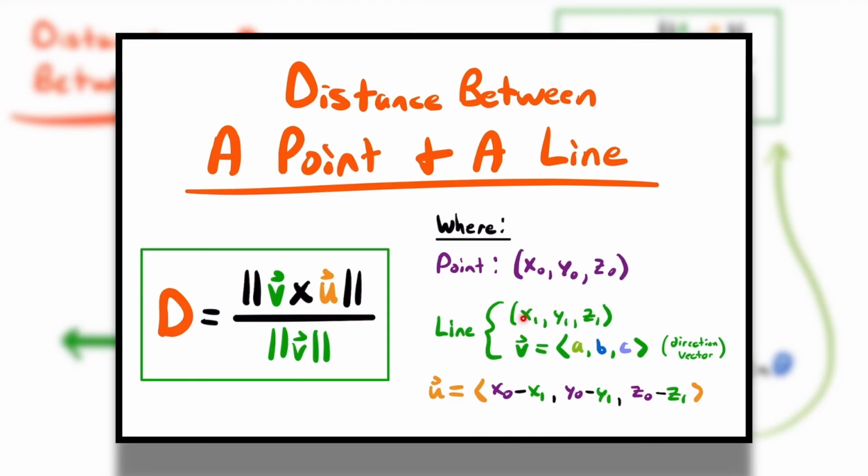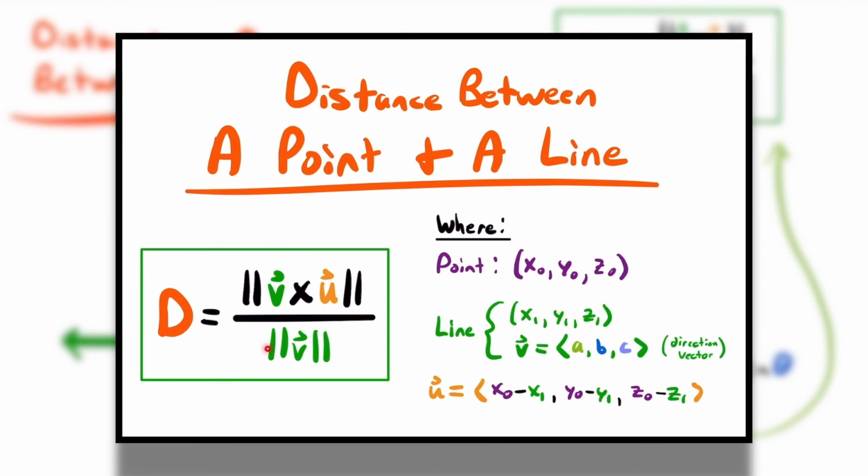All right, you subtract the coordinates of the point on the line from the coordinates of the point that you've been given. The point on the line is the initial point, and the point that you've been given is the terminal point. Okay, so use those two points to create vector u. You take the cross product of vector u with vector v and divide by the magnitude of vector v.